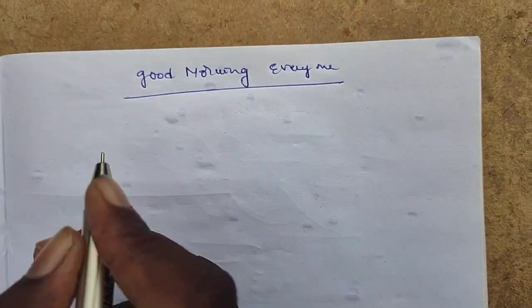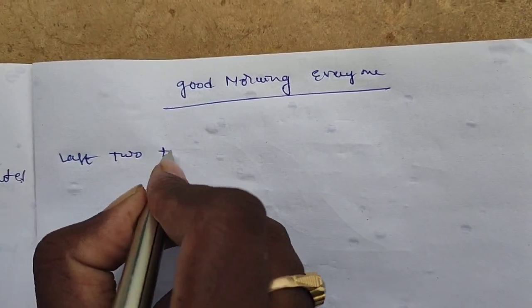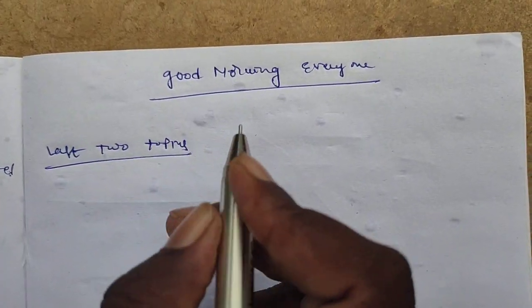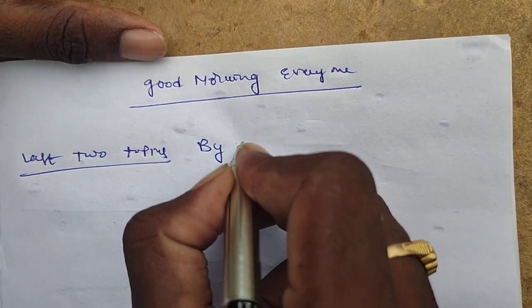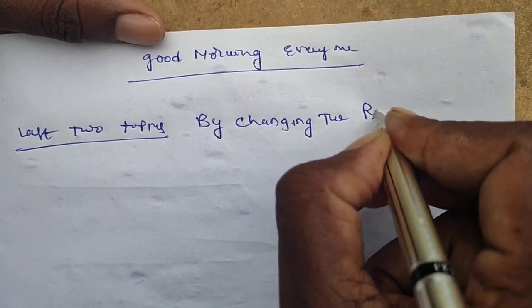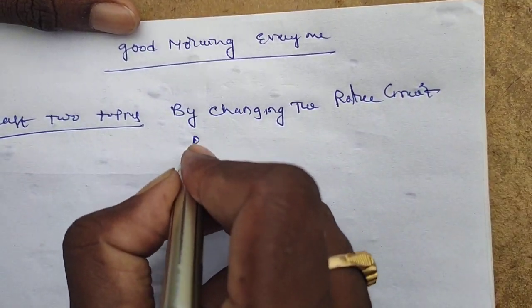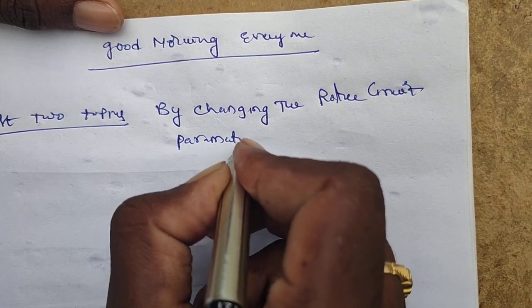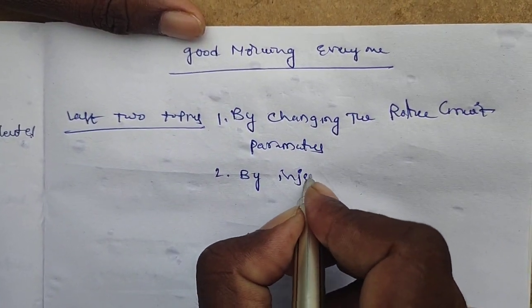So good morning everyone. In our fifth unit, the last two topics are pending: speed control of induction motor by changing the rotor circuit parameters, and by injecting voltage into the rotor circuit.